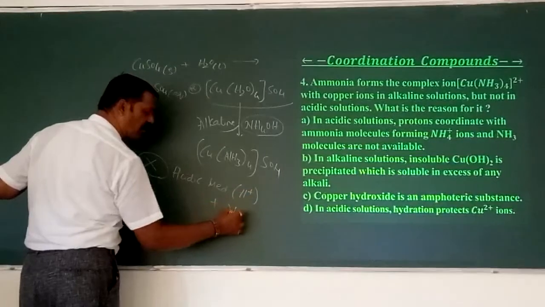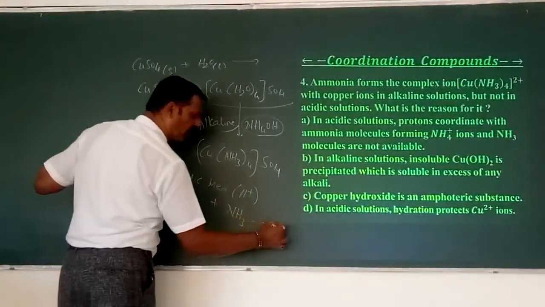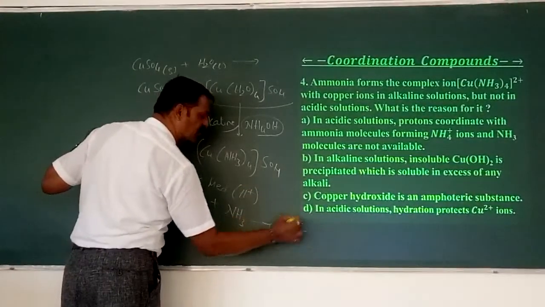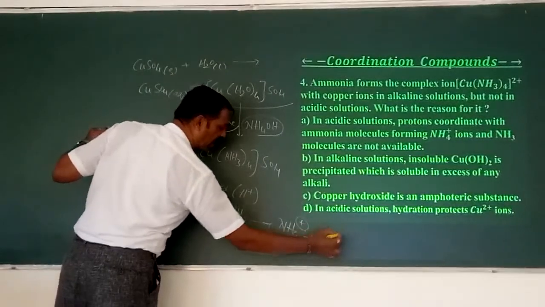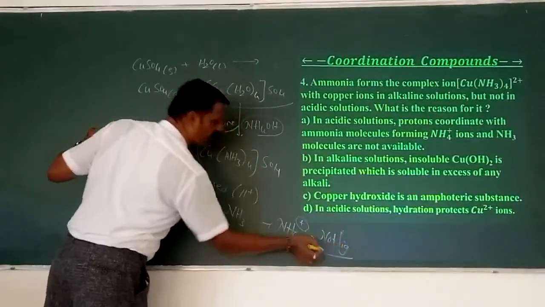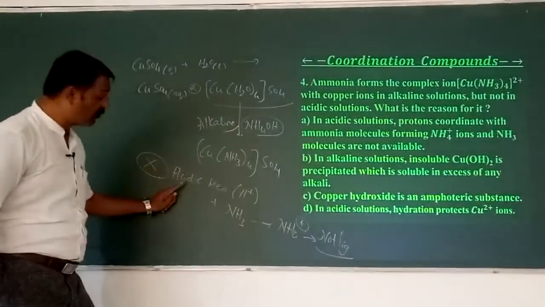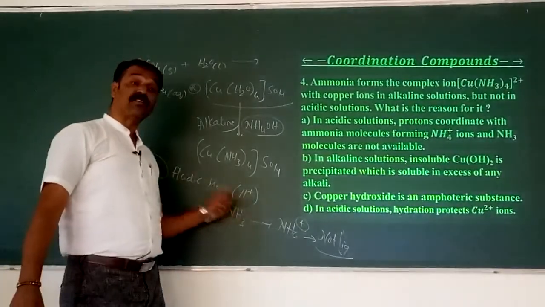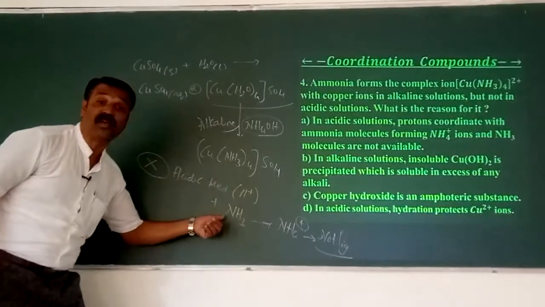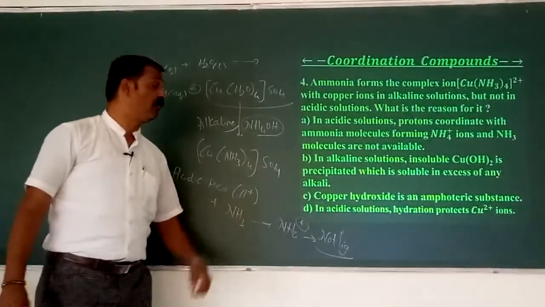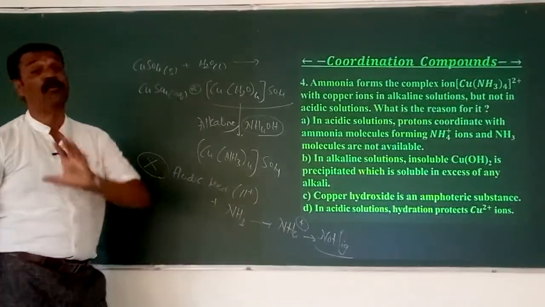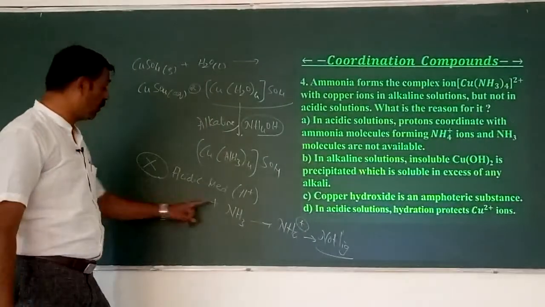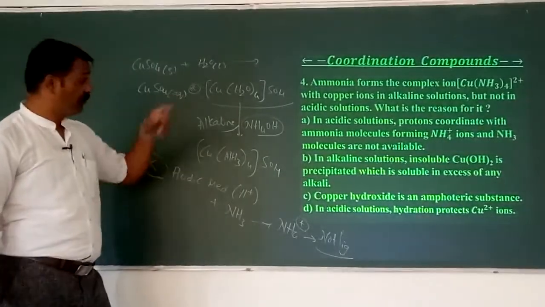H plus combines with NH3 to form NH4 plus, which is not a ligand. If the same thing is carried out in acidic medium, the H plus ions readily combine with the base NH3 to form the ammonium ion, and that ammonium cannot coordinate with the Cu2 plus ion.